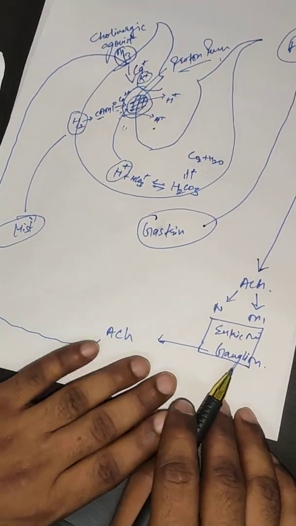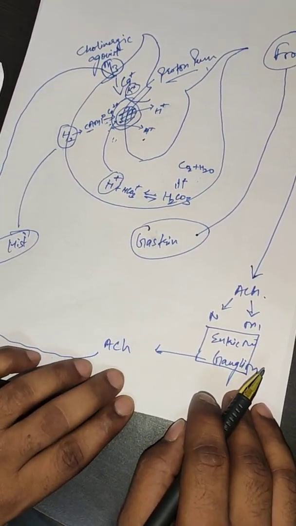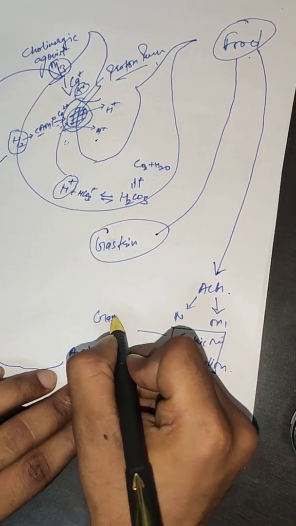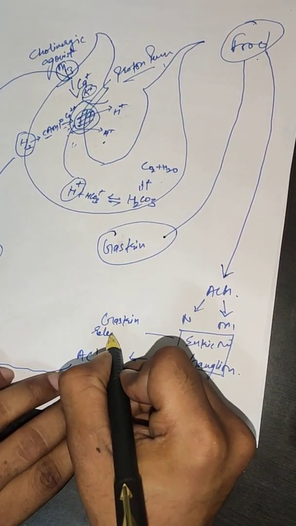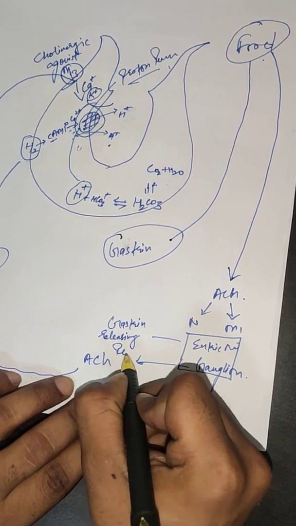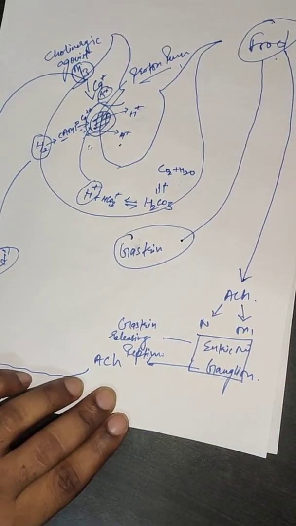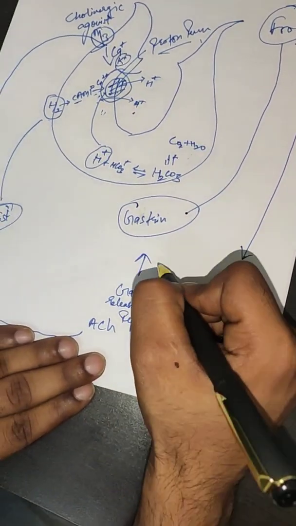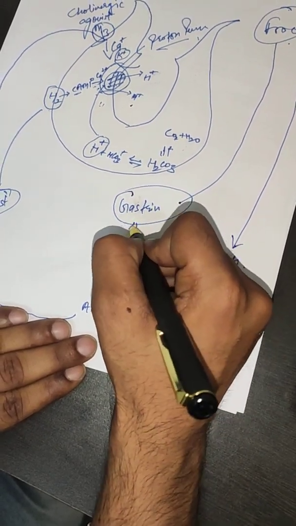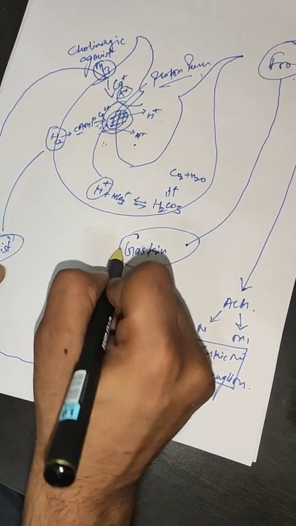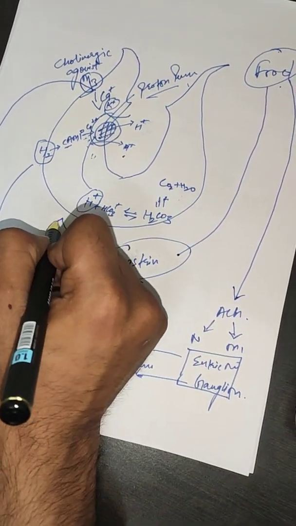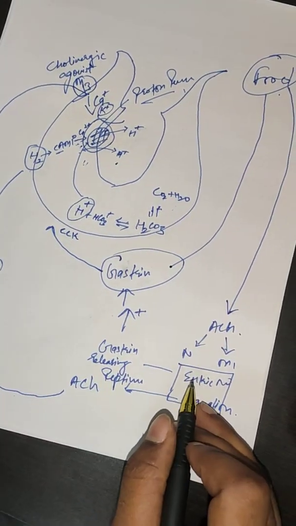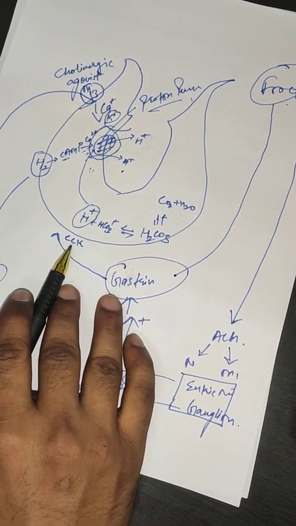Through this ganglion cell, it releases gastrin releasing peptide, which enhances gastrin, and this gastrin acts through the CCK, gastrin cholecystokinin receptor.